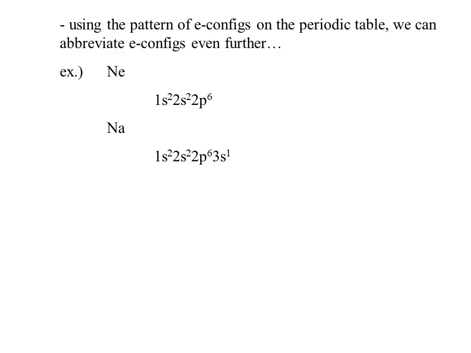The only difference between these two elements is that sodium has an extra 3s1. So we could just simply write this as sodium is neon with a 3s1. That's just what we call its core notation. It's just a super abbreviated way of writing out an electron configuration. It's a lot easier.